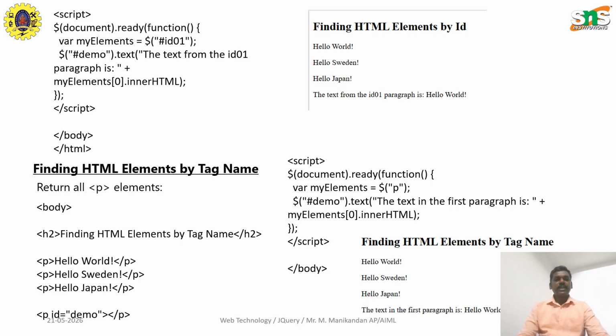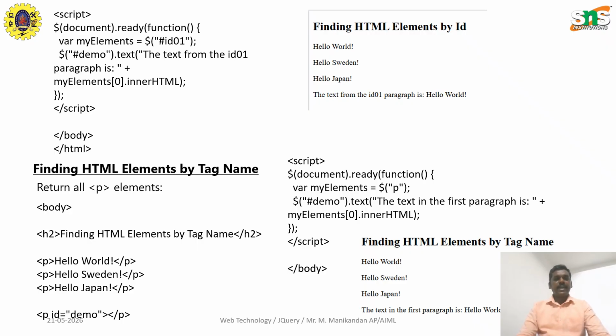Then it will be displayed inside the fourth P tag, which is demo dot text. Demo means we are selecting the ID of a paragraph tag, and we are displaying the text from the ID one paragraph.